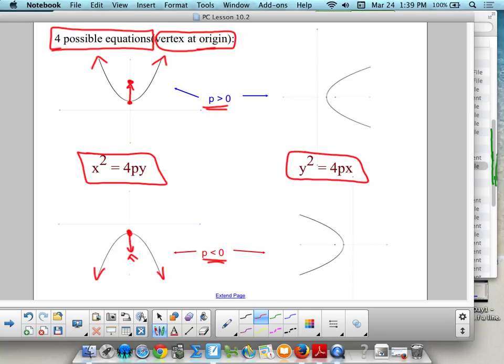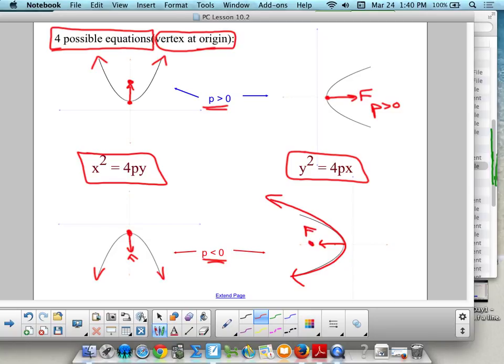Now, here's the vertex. There's the focus to the right. This is a p-value greater than 0, right? So that would be this equation with a positive p-value. This one would be this equation with a what p-value?